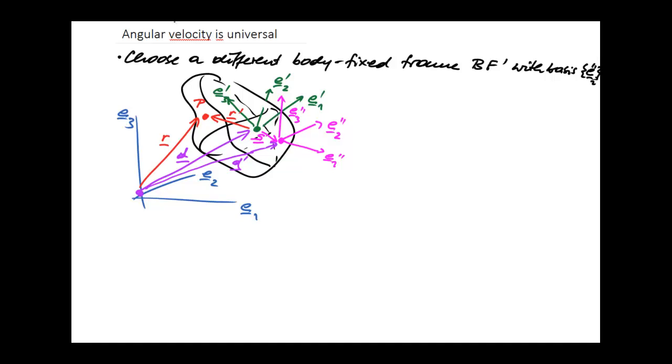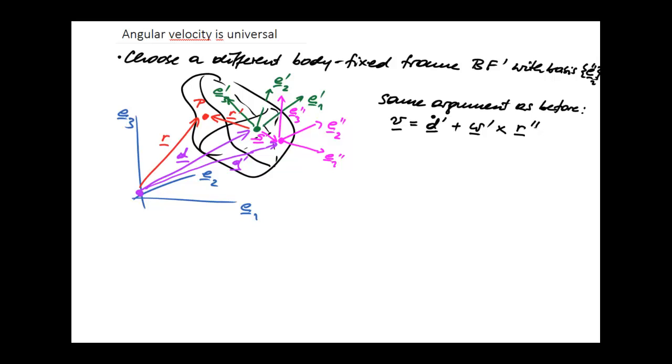We can repeat exactly the same argument now for our alternative body fixed frame. And we find the same formula as before, only that we have d prime dot plus omega prime vector product with r double prime.